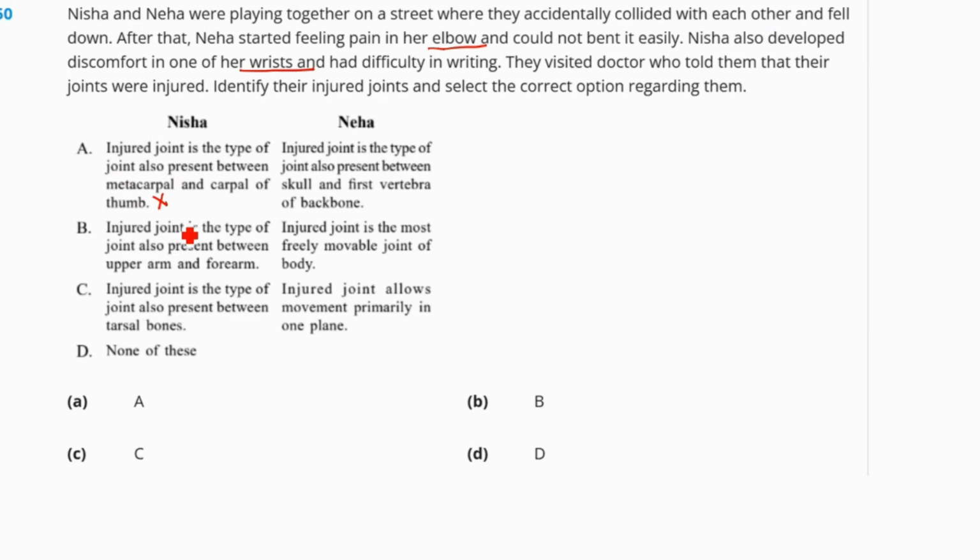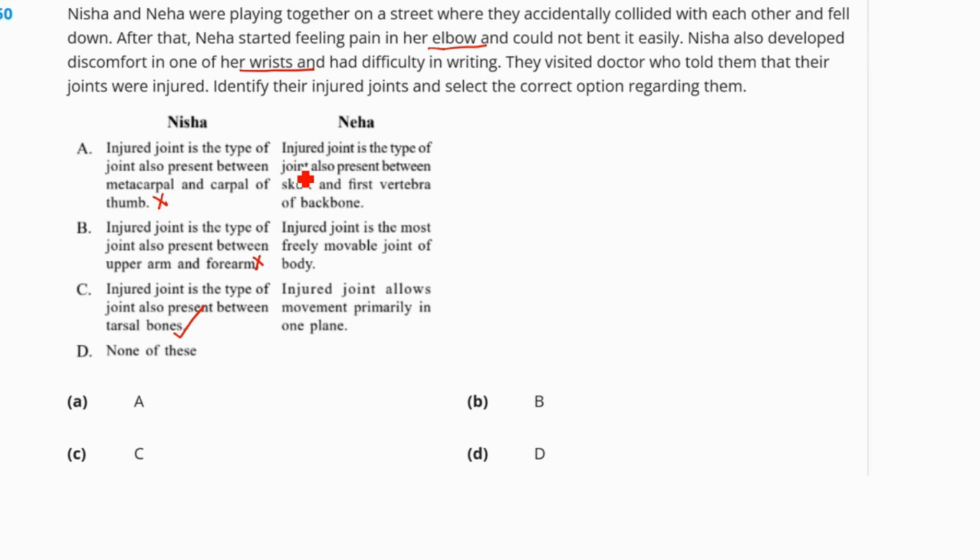No. Injured joint is the type of joint also present between the upper arm and the forearm. No. Injured joint is the type of joint also present between the tarsal bones. Yes, this can be right because Nisha has developed discomfort in her wrist. So in our wrist and in our ankle position, the tarsal bones are present. So this is the correct statement.